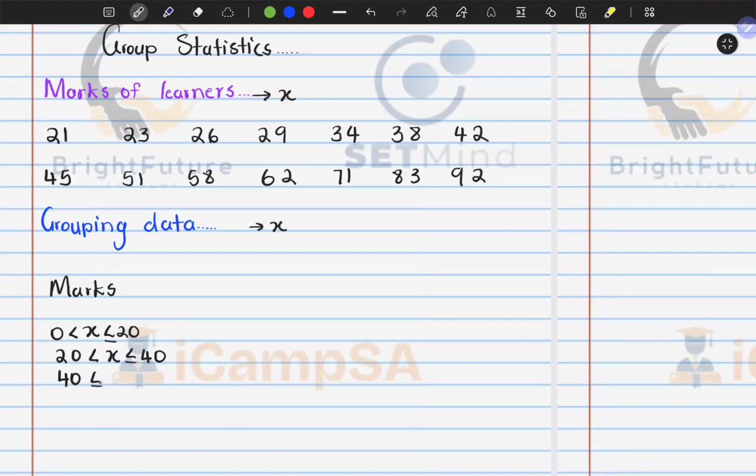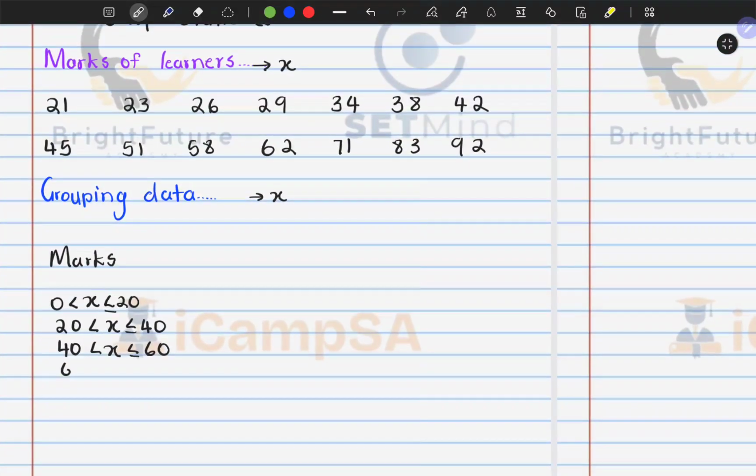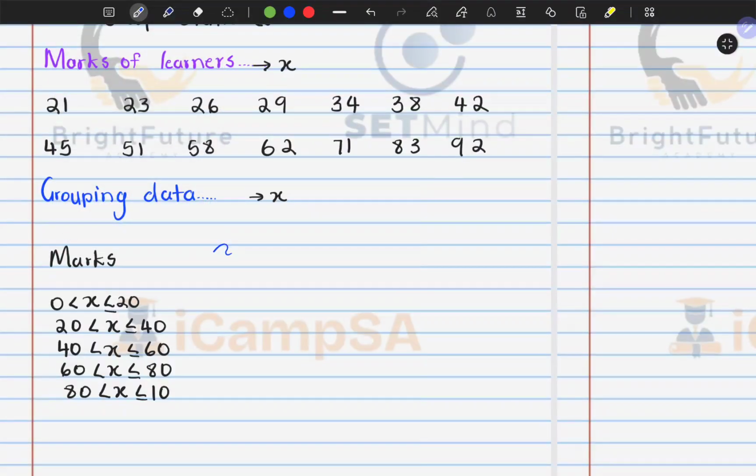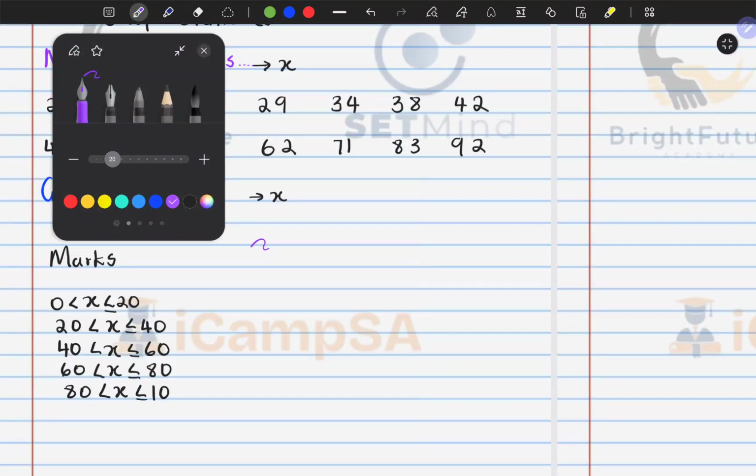Then I'm going to have 40 less than X, but less than or equal to 60. Then 60 less than X, but less than or equal to 80. And then 80 less than X, but less than or equal to 100. Now what we are going to have on the other side is the frequency.